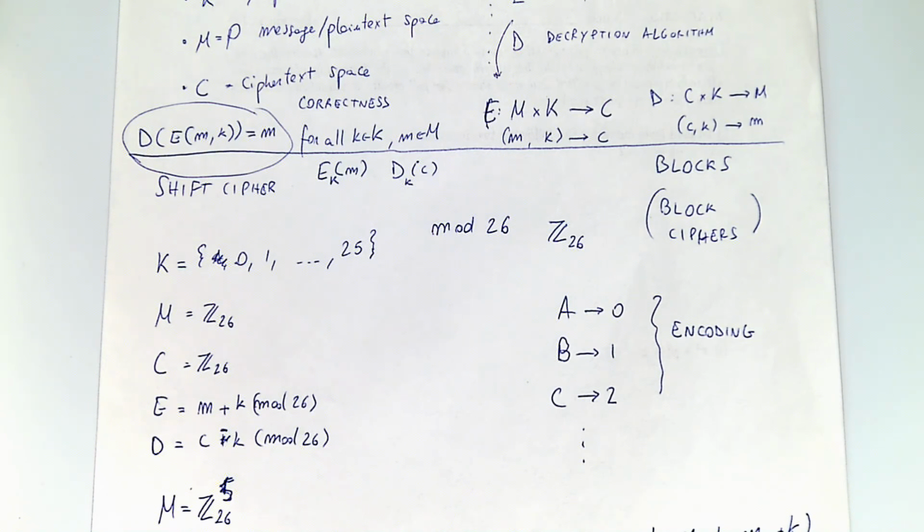So we defined the crucial building blocks: key space, plaintext space, ciphertext space, encryption and decryption algorithm. Great. There are a couple more things that I wanted to say. Having said how we can build a scheme, is it a good scheme or a bad scheme? There are some requirements.